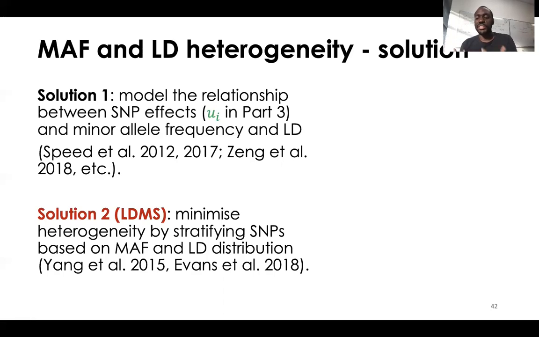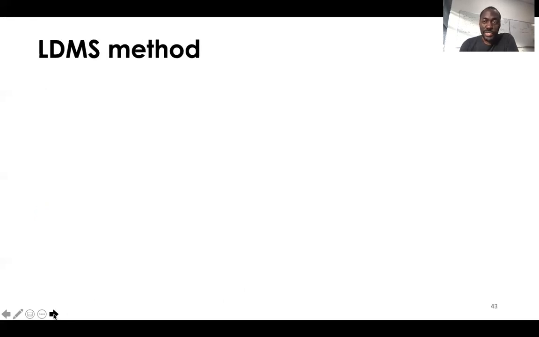And the way they decided to minimize that heterogeneity was by creating groups of SNPs that are more homogeneous with respect to certain MAF and LD properties. That has been introduced in Yang 2015 and refined, extended and compared with other methods in Evans 2018.